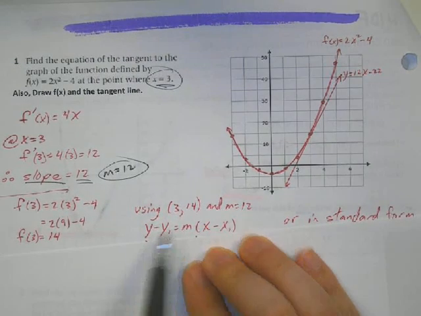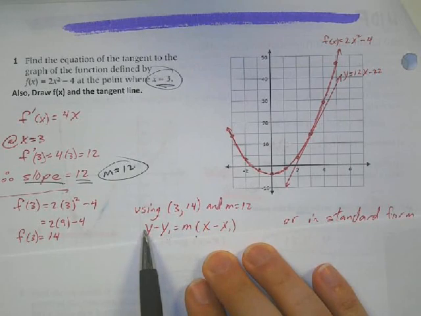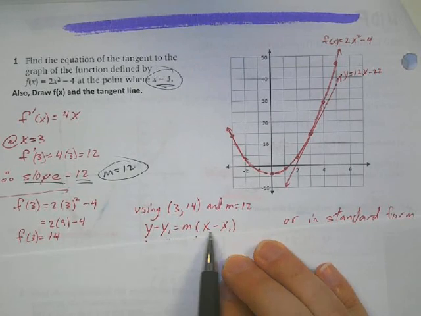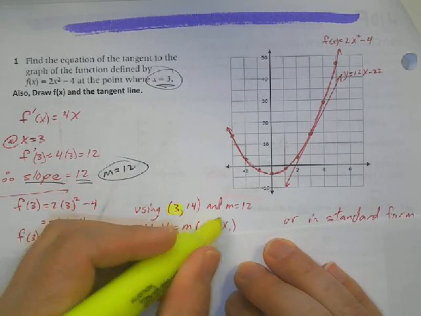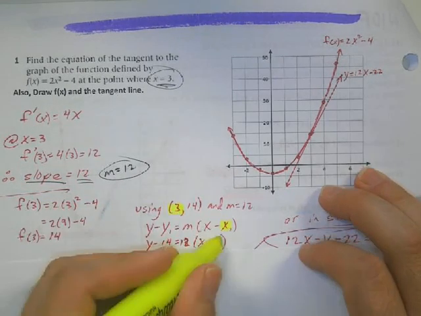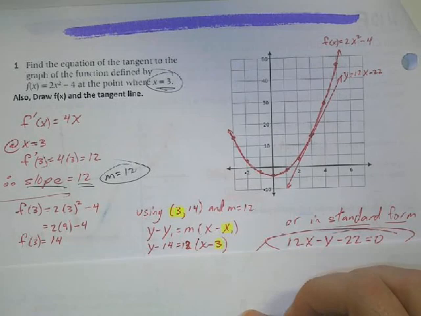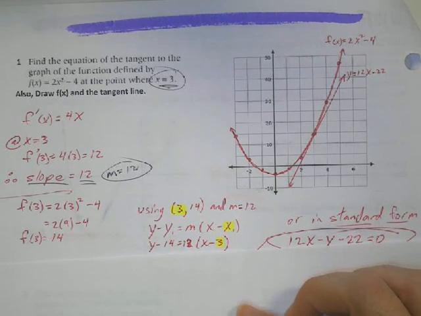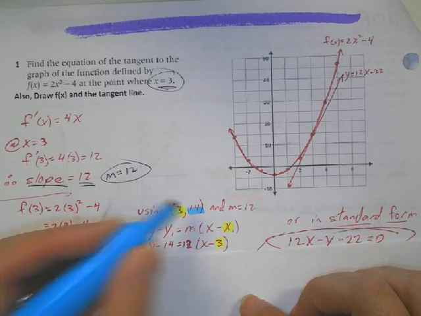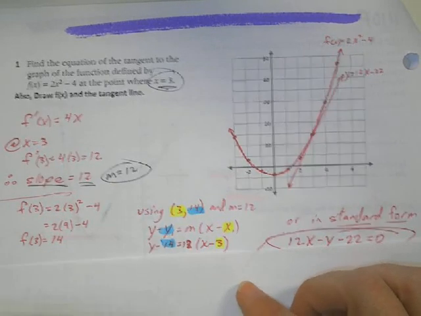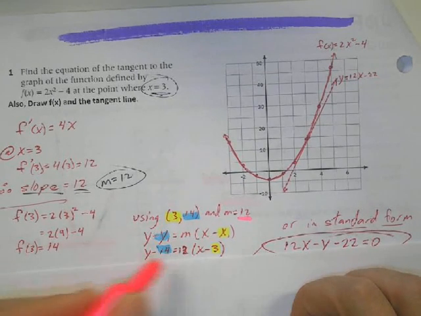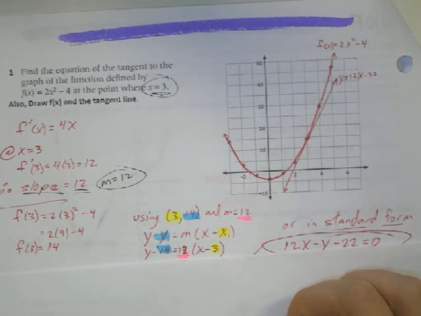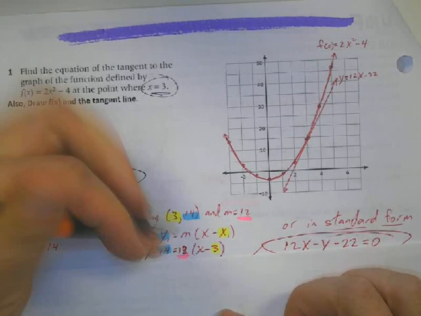So using point-slope form, I can write y minus y1 equals m times (x minus x1), and I'm going to replace the x1 with 3, the y1 value with 14, and my slope m with 12.